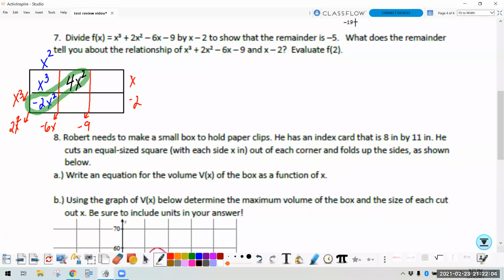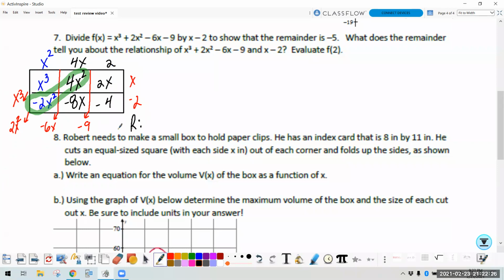Now we divide again. 4x squared divided by x, 4x. Multiply it back. Subtract. Or you can think, what plus negative 8x is negative 6. Divide again. Multiply it back.